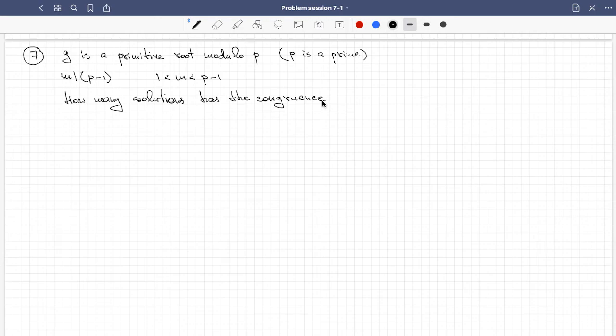The congruence is x to the m minus g congruent to 0 modulo p.